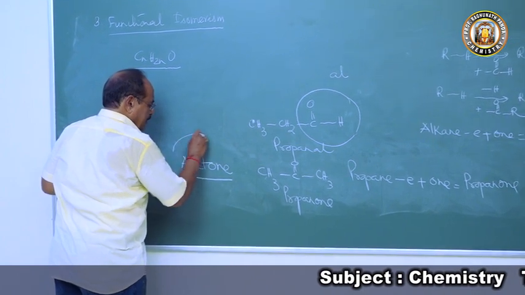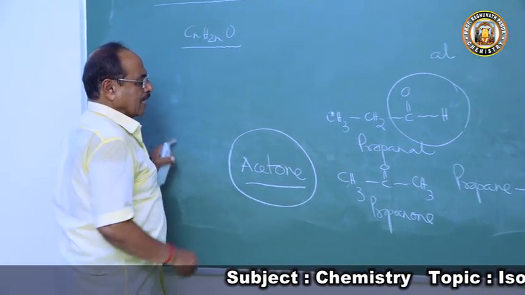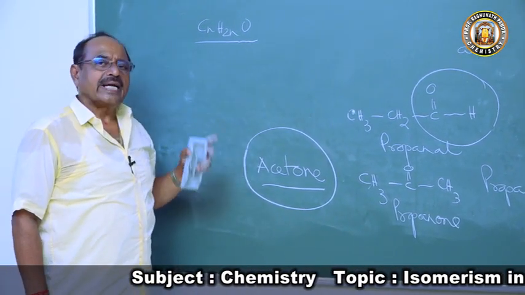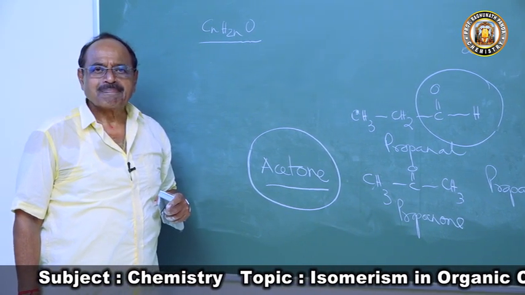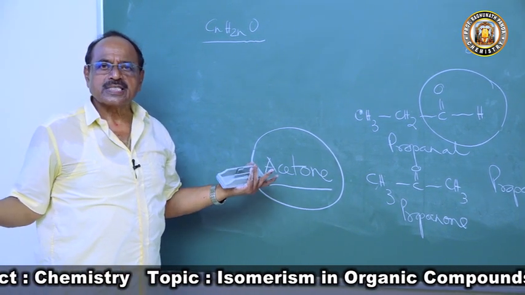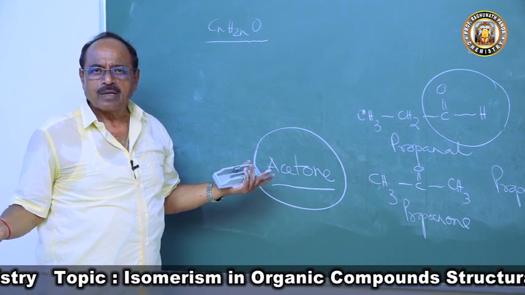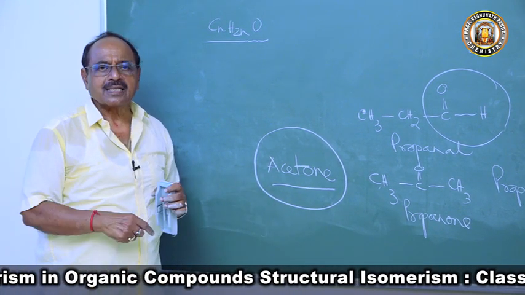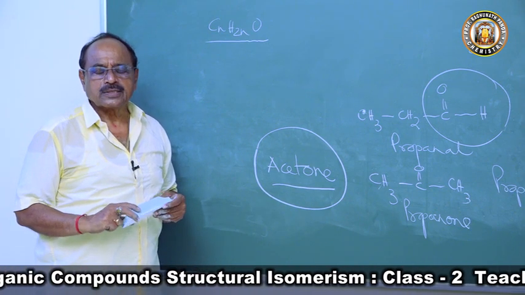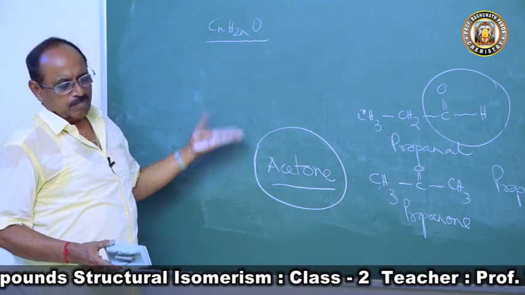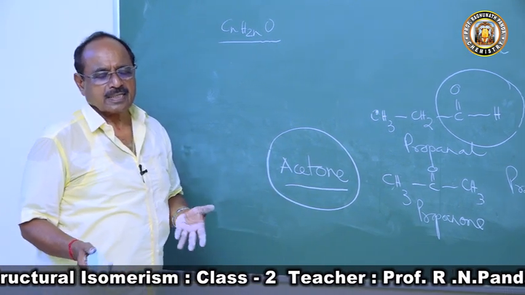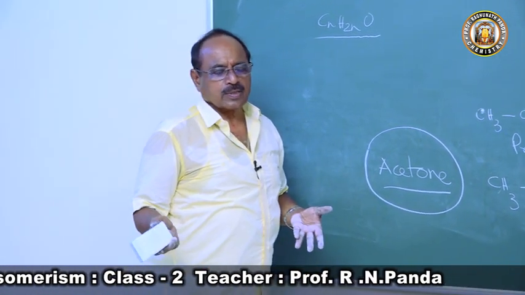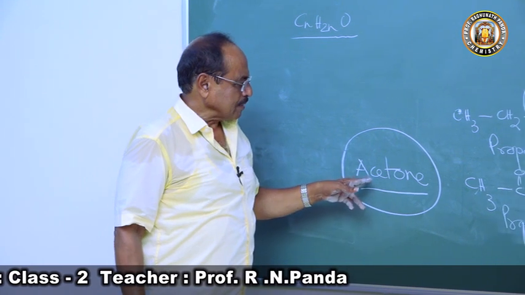So children, this is a question I am giving you. In my next class, I will ask you why acetone is called acetone. CH3COCH3 common name is acetone. Propanone is acetone. While I am discussing functional isomerism, metamerism, and other types of isomerism, I will be asking you this question.